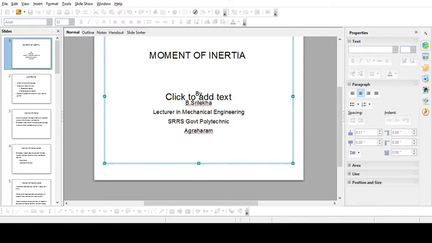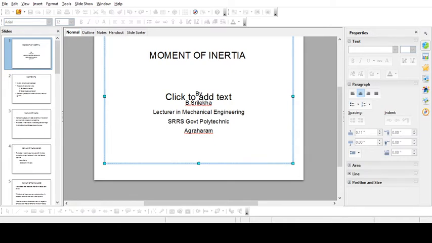So likewise we'll be doing. The moment of inertia about the centroidal axis XX is b h cubed by 36, and about the AB axis it is b h cubed by 12. Next, circle. For a circle, the centroid lies at d by 2 from all the sides.